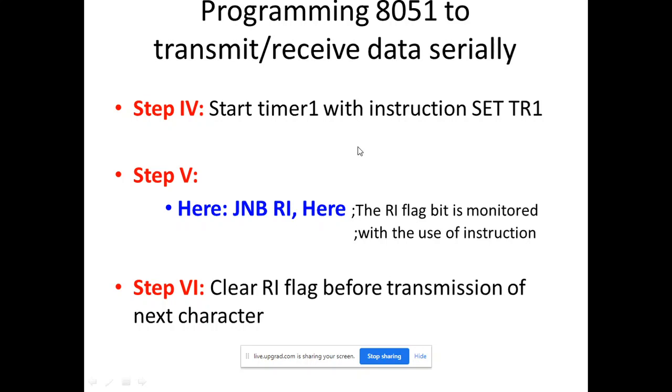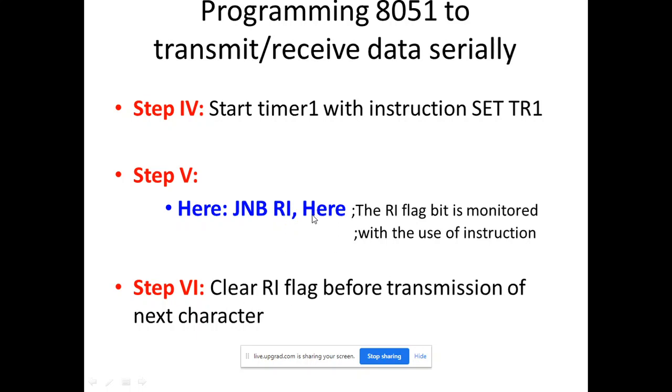Means the only change: in transmission we check the TI flag, whether transmission is completed or not, and for reception we check the RI flag. Only change is RI instead of TI.